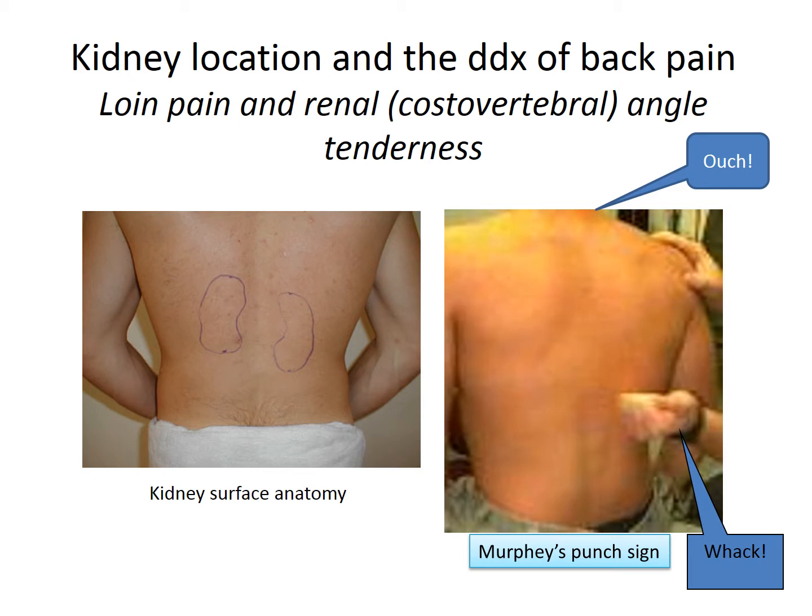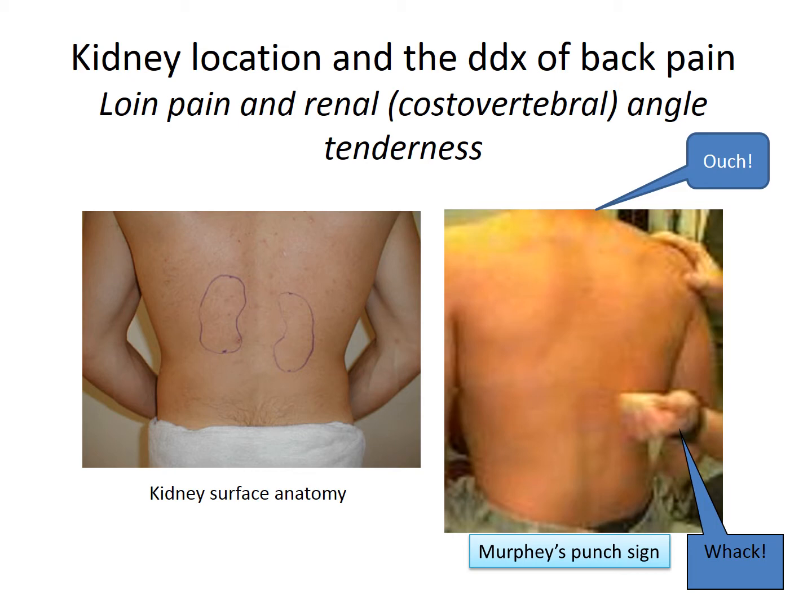Most people with back pain have got a bad back, and that's it. It's a musculoskeletal problem. But on occasion, the back pain can have another cause, a visceral cause. Part of a workup for someone with back pain might be to tap them. It's called Murphy's punch sign. It's actually not as violent as it sounds. Tap them in the region where you know the kidneys are.